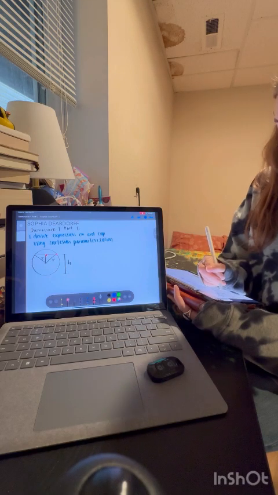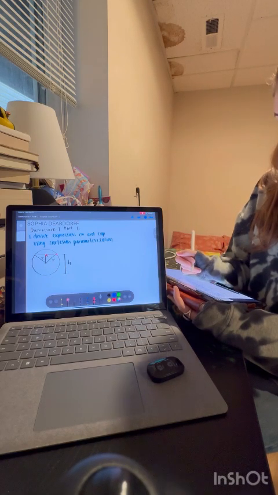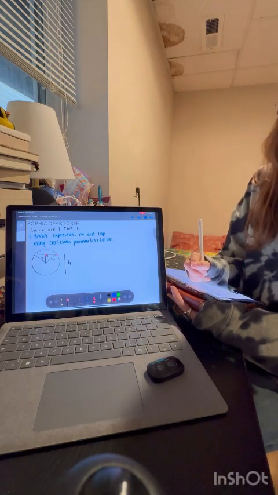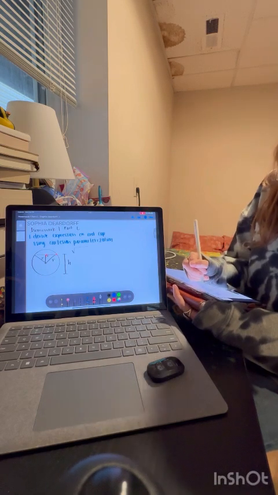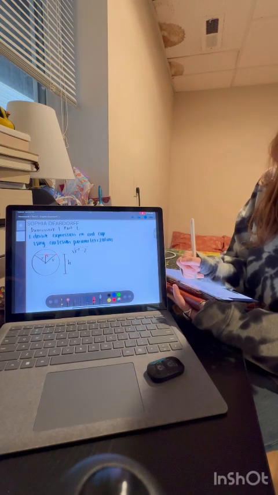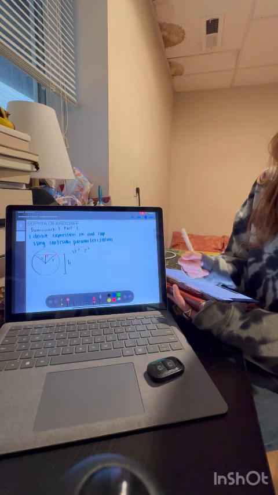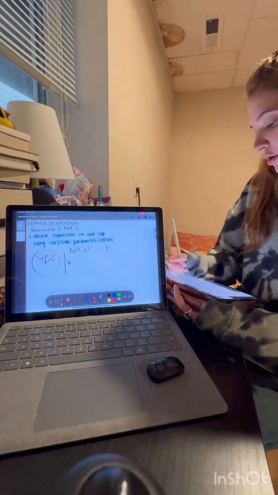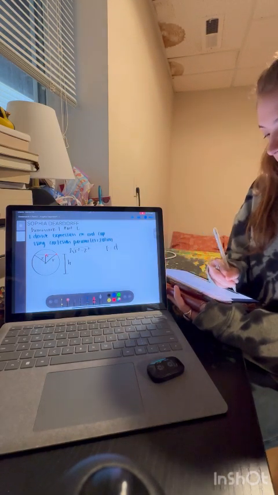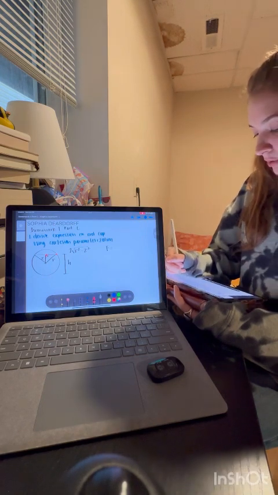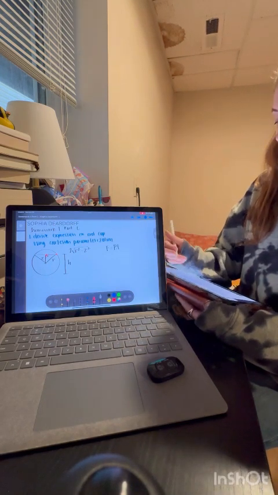So that is using Pythagorean's theorem. Very simple, it is going to be r squared minus z squared. But again, there's going to be 2 of these. So force is going to be equal to pressure times area.